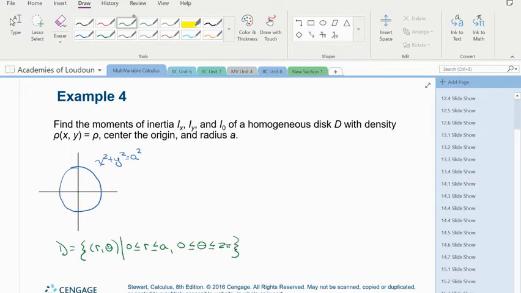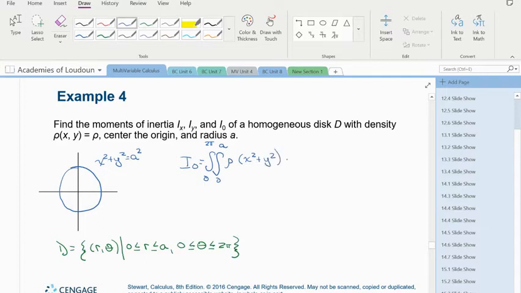And so we know that I naught, the moment about the origin, or the polar moment, is going to be the double integral from 0 to a and 0 to 2 pi of rho times, remember, x squared plus y squared.